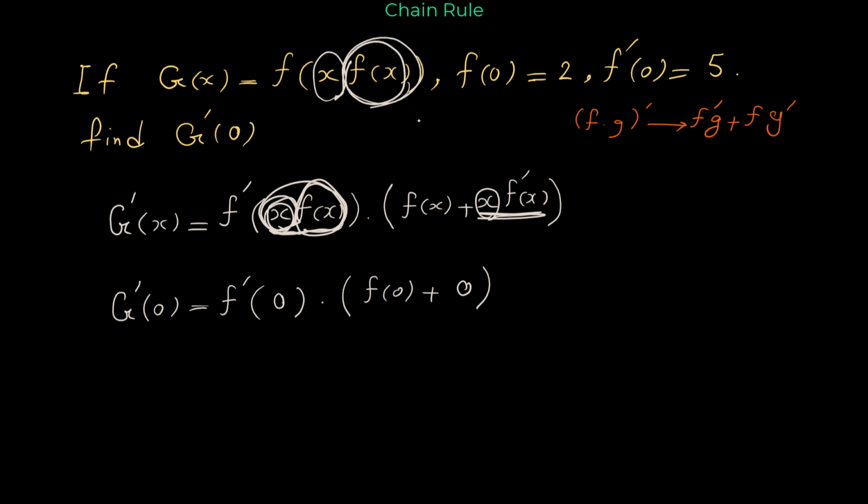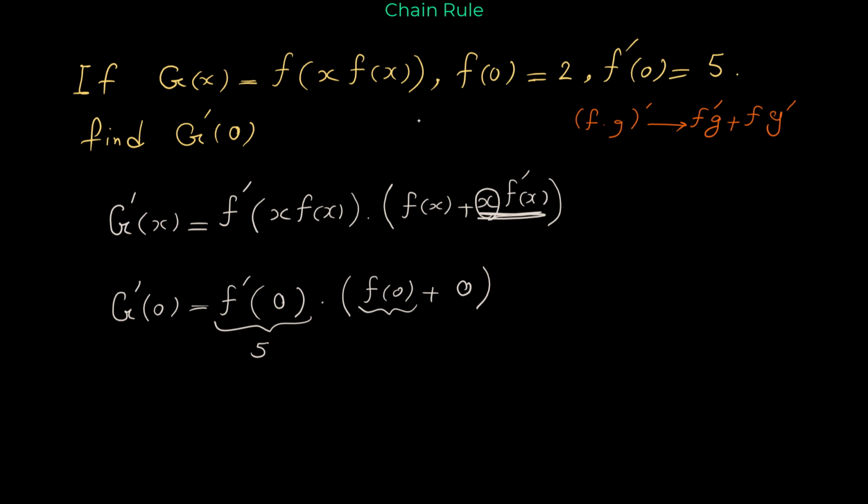Now let's use the given values for f prime of 0 and f of 0. F prime of 0 is given 5 and f of 0 is given 2. 5 times 2 equals 10. So g prime of 0 equals 10.